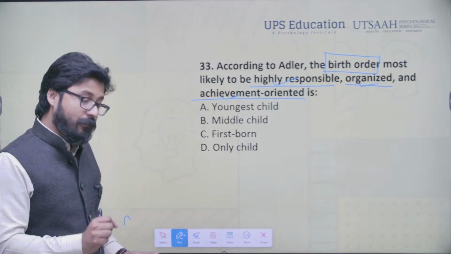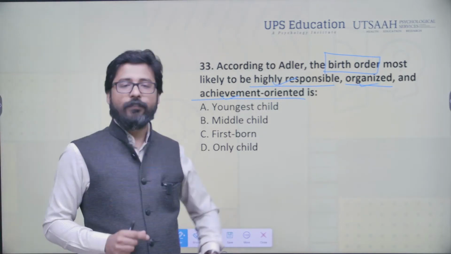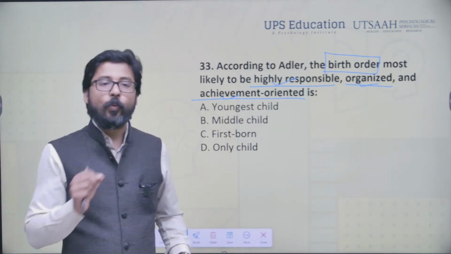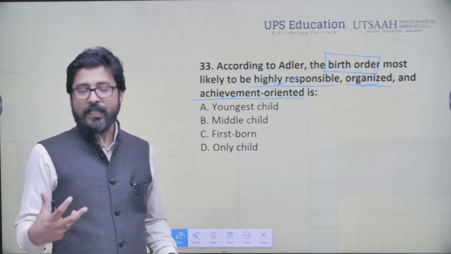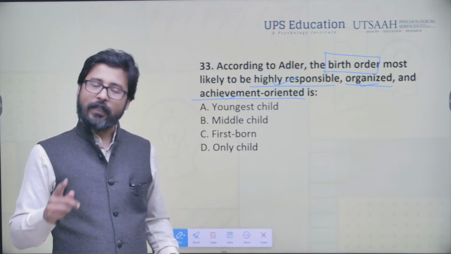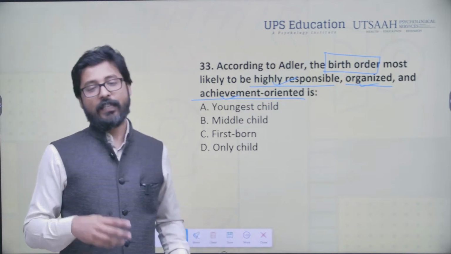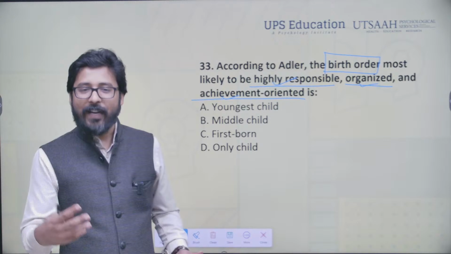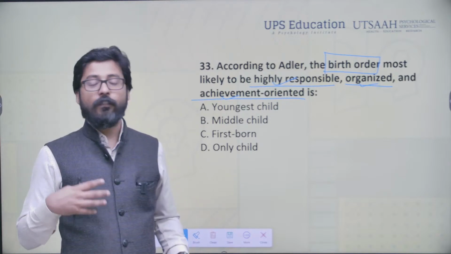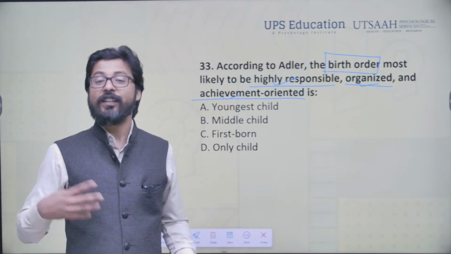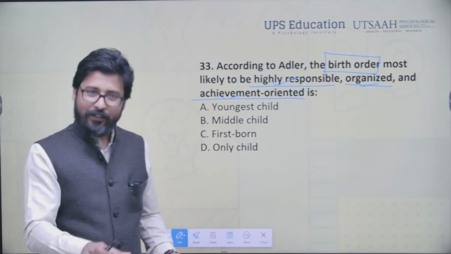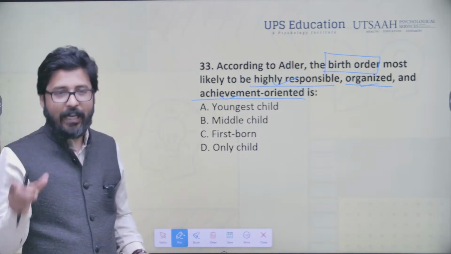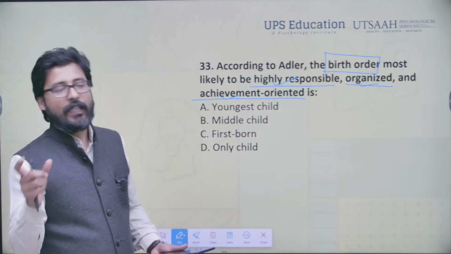If there is an only child in the family, they will be more mature, perfectionist, and confident. But there is a risk that they may struggle with peer interaction or have difficulty sharing their emotions with other individuals. So all these are the characteristics and qualities that any child can develop, along with these kinds of risks.